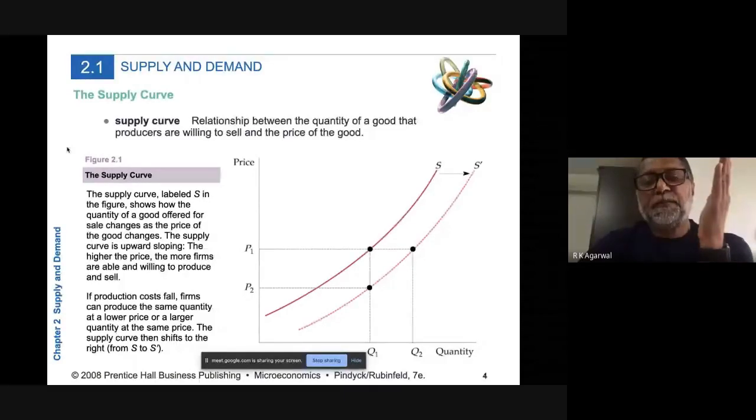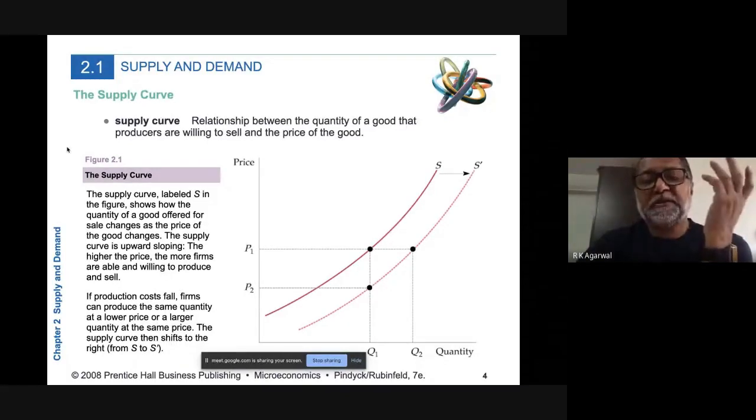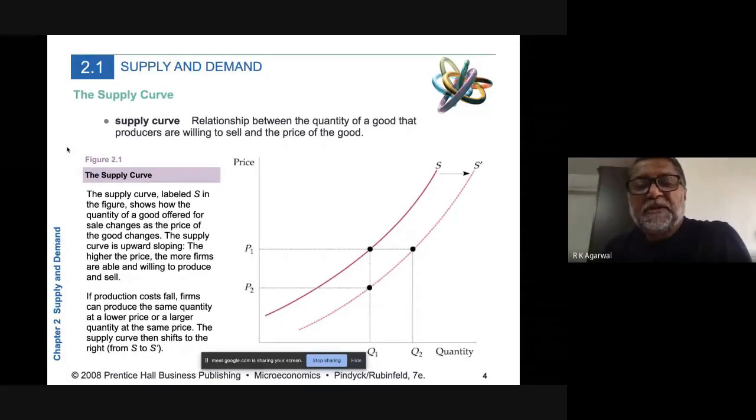But what is the precondition for this relationship to hold good? The precondition is that all other factors which impact supply should be held constant. For example, input costs. We should not allow input costs to change. For example, technology. For example, number of consumers in the market.